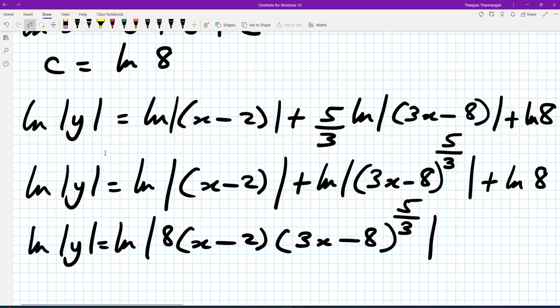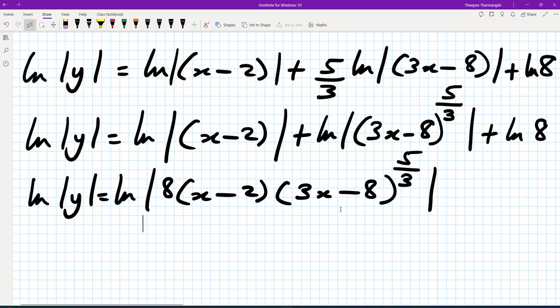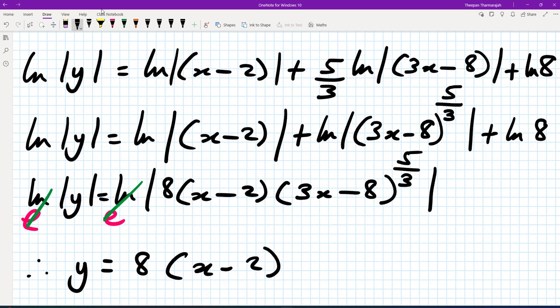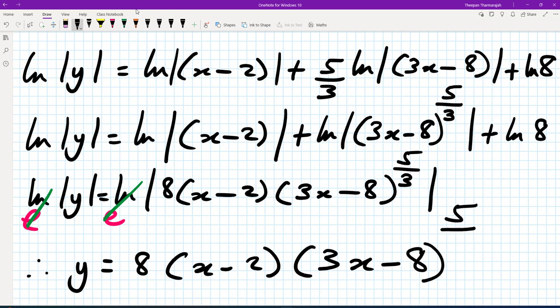So we can antilog that. So therefore y is, they will cancel out, y is 8 times x minus 2 times 3x minus 8 raised to the power 5 over 3. That's the answer.